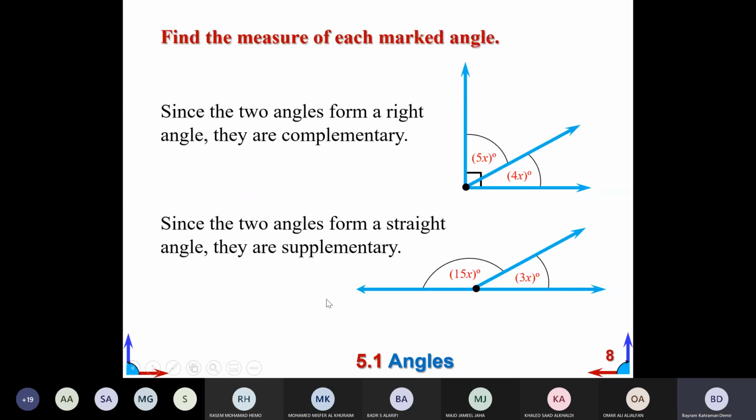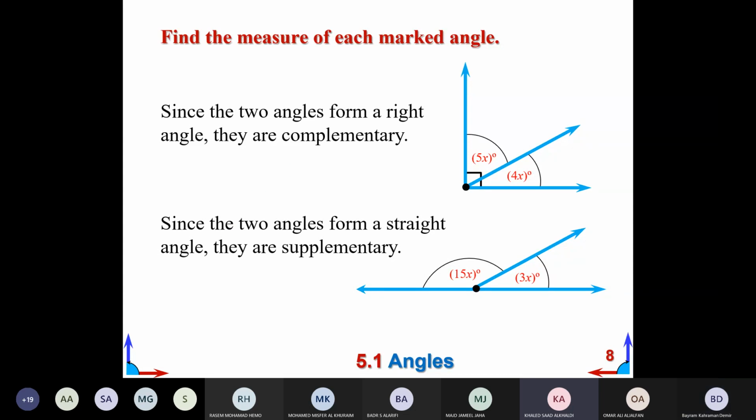And now let's remember these pictures. Imagine if I ask you about this picture, how much is the value of x, Shabab? Who's going to tell me? We can say 10. 90 is equal to 5x plus 4x, which is 9x. Then we divide both sides by 9, so x is 10.